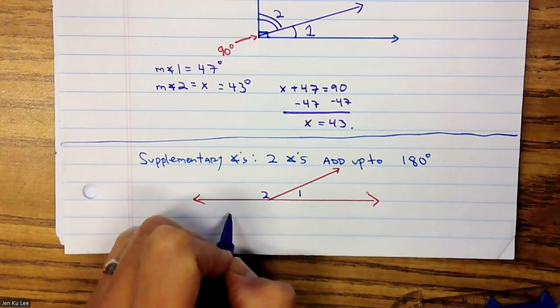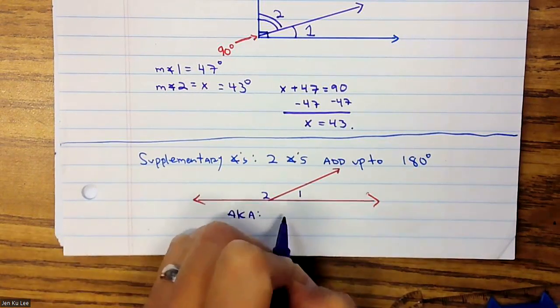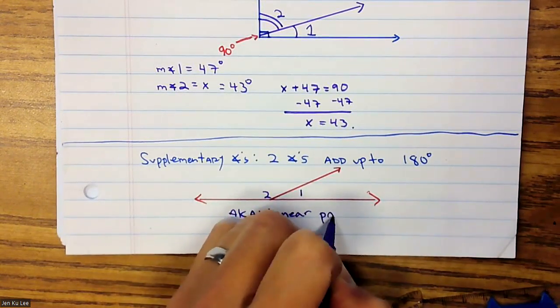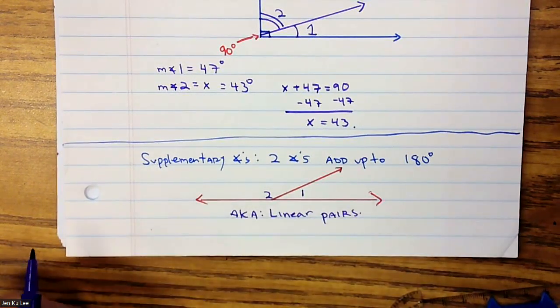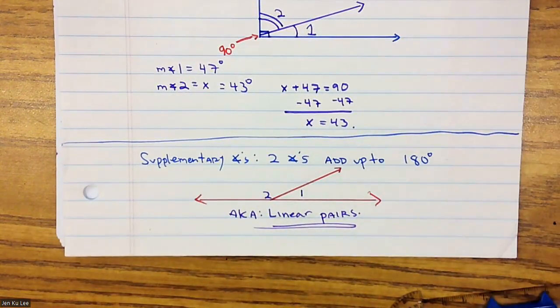This is also known as linear pairs. Also known as linear pairs: two angles that are on the same line and add up to 180.